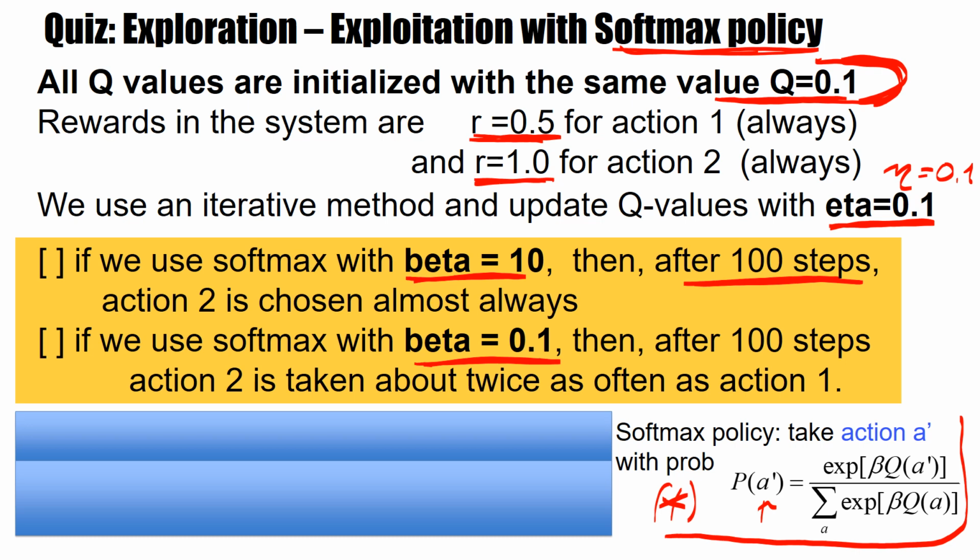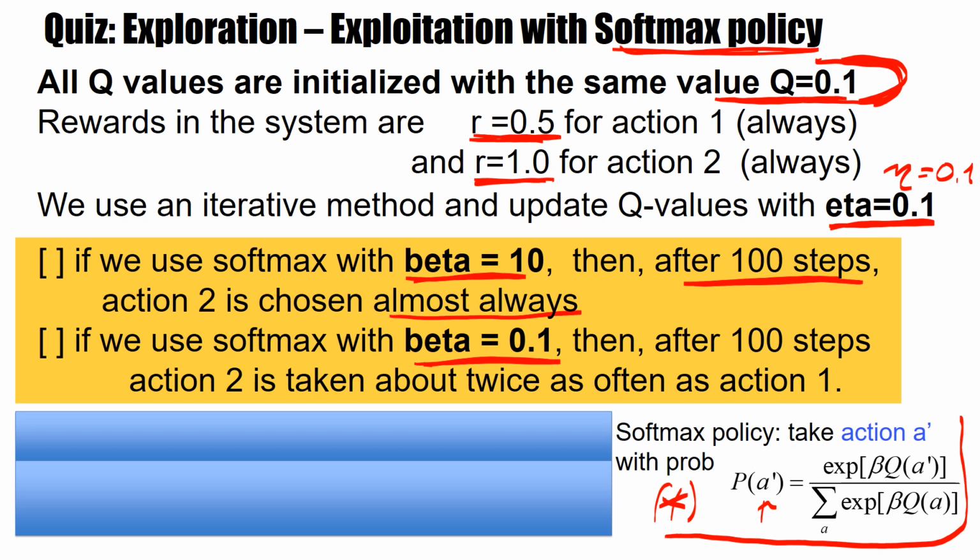And then we ask, how often is action 2 chosen? Action 2 being the better of the two actions. And so the first claim is, if we use Softmax with beta equal 10, then after 100 steps, action 2 is chosen almost always. Is this correct? Yes or no?